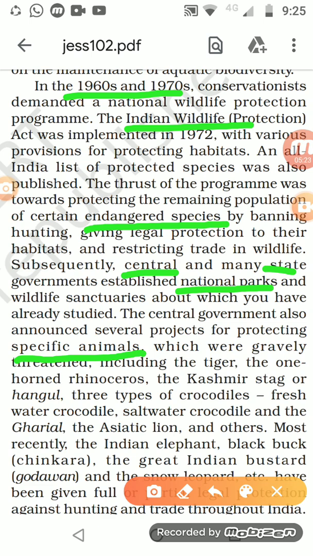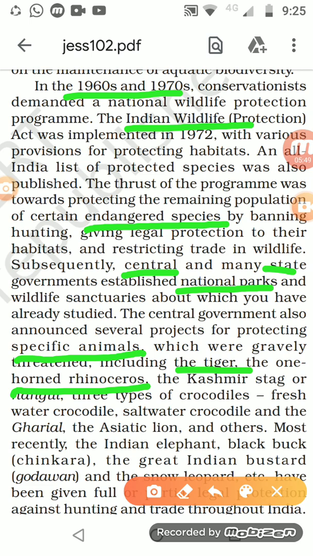Some of the animals which are on the verge of extinction are considered endangered, including tigers. Children, you know, save the tiger, you are all very well aware of the initiative that has been taken by the government. Then the one horned rhinoceros, which I know very well, is very frequently found in Assam.